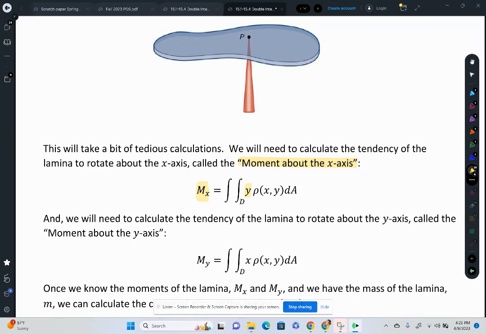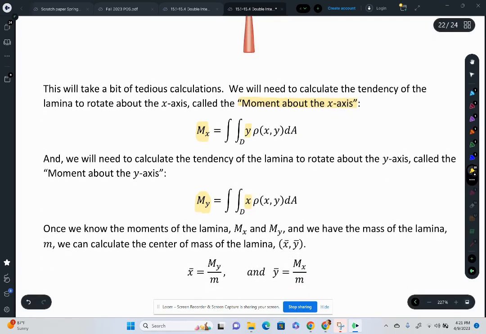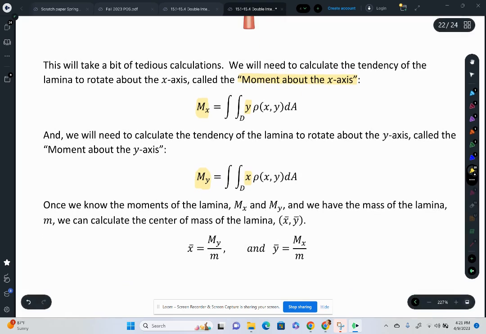Then we need to calculate the tendency of the lamina to rotate about the y-axis, and that'll be called the moment about the y-axis, so m sub y. And now it's different because we're going to be integrating x times the density function. And we'll integrate again over the shape of the lamina. Then once we know what those moments are, we can calculate the center of mass of the lamina.